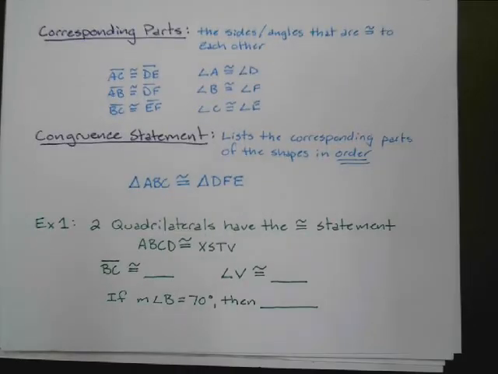All right, so example 1. We've got 2 quadrilaterals, so that's a four-sided object. One of them is ABCD, and they say that it's congruent to XSTV. Now we're going to assume that this is a congruent statement where everything is in the correct order.